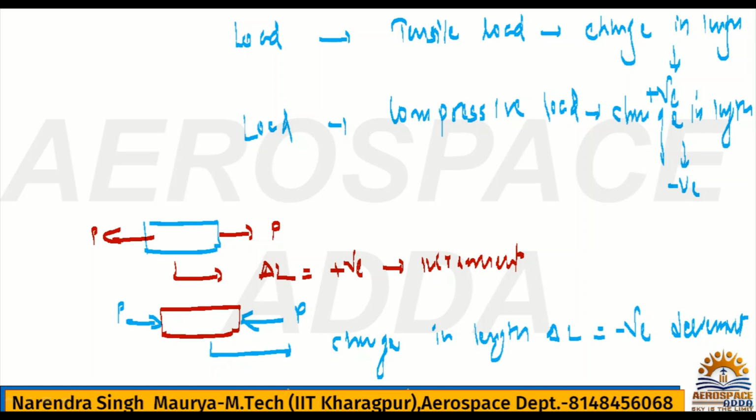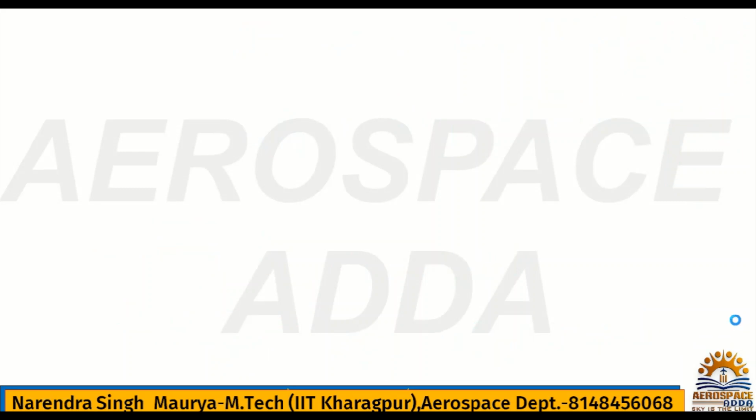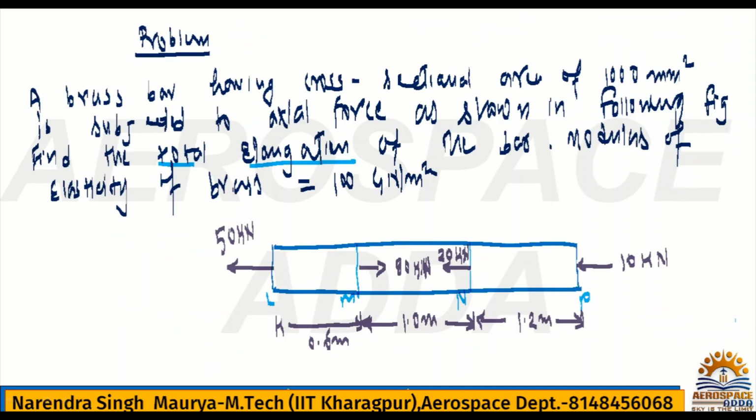Earlier there was only one bar, so there was no problem. But why am I explaining both compressive and tensile in a single question? Because in this single question, if you check individually, three bars are connected together.